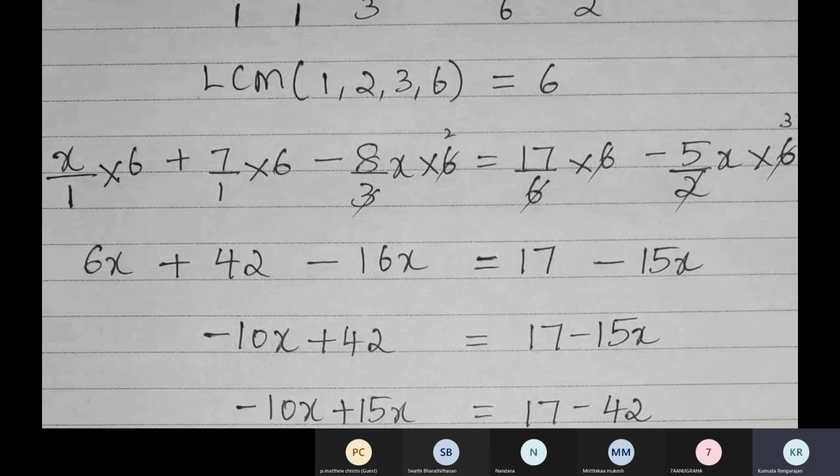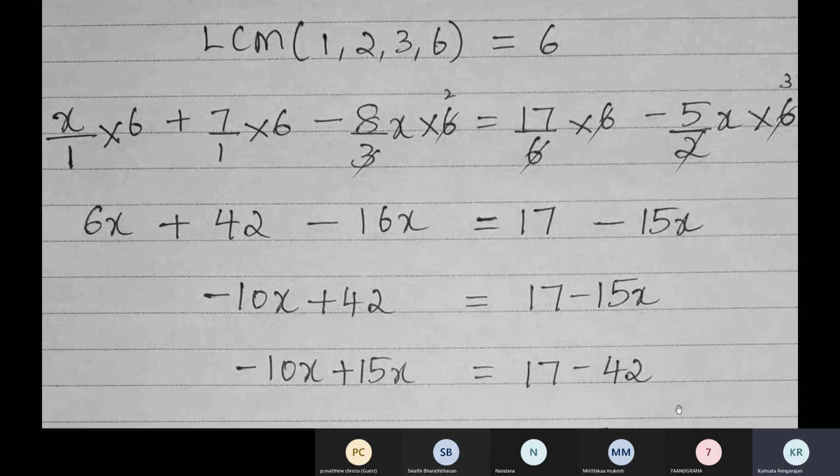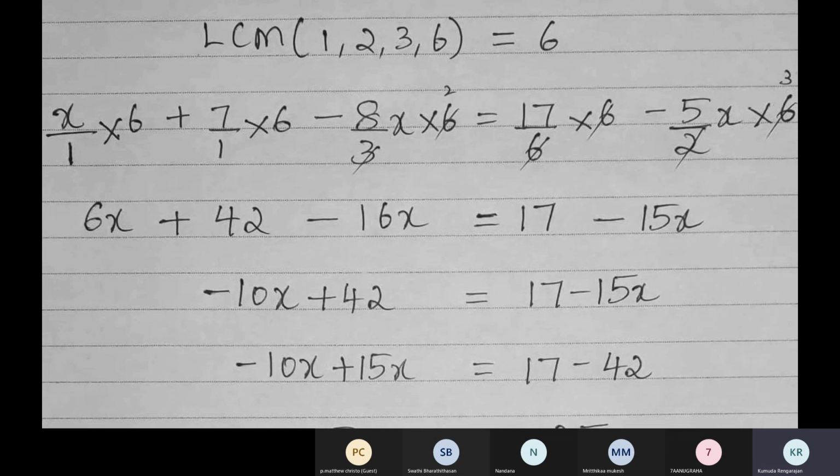Now let's transpose. Minus 10x here. Minus 15x from this side to this side, so plus 15x is equal to 17 in the same side. Plus 42 as minus 42 on the other side. Now what is minus 10x plus 15x? They are like terms. You can add: minus 10 plus 15 is plus 5x. And what about 17 minus 42?